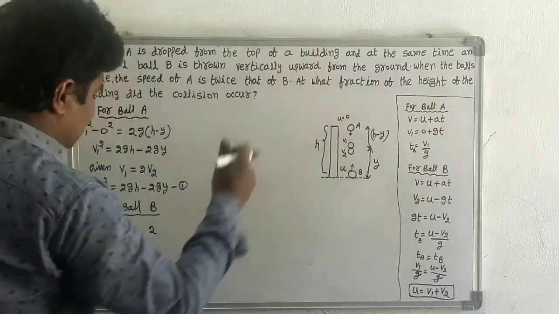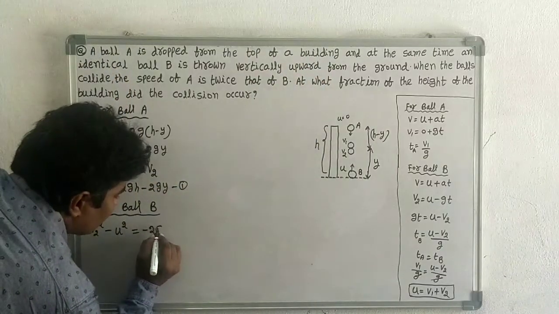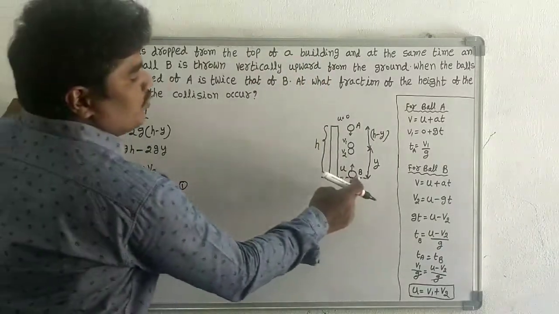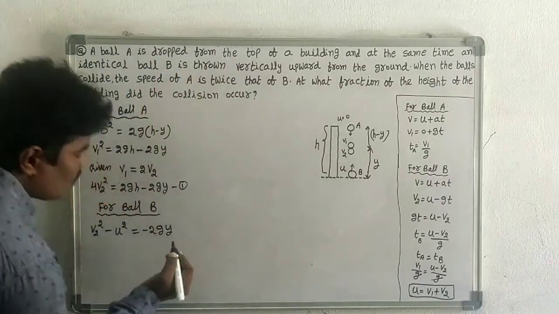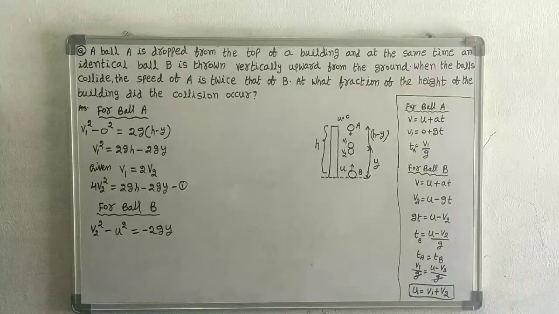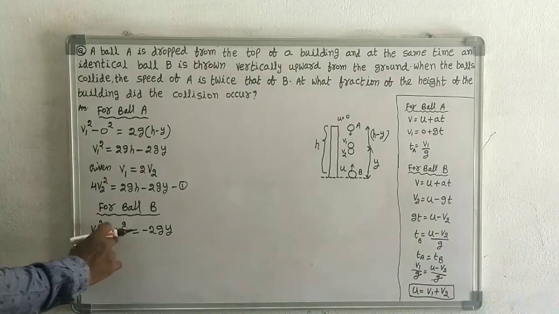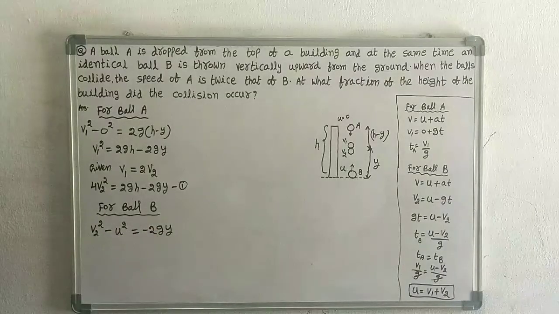Why? The ball is going upwards, so minus g. The displacement of ball B is y. So v2 square minus u square is equal to minus 2gy.